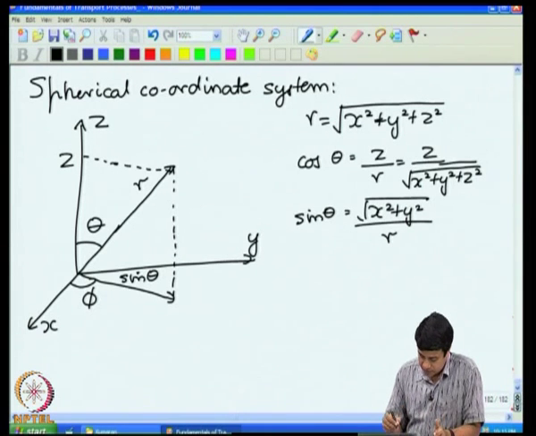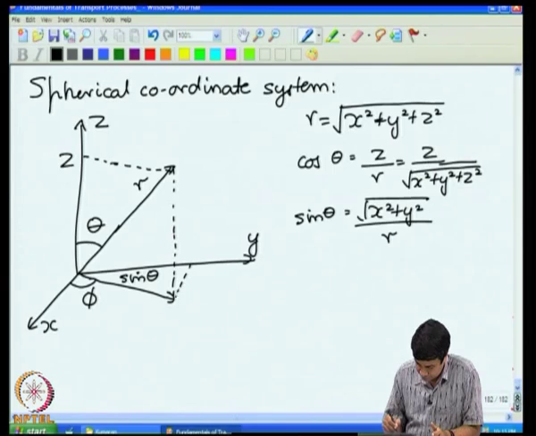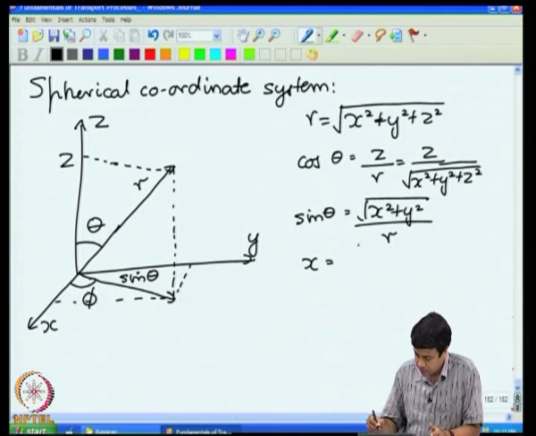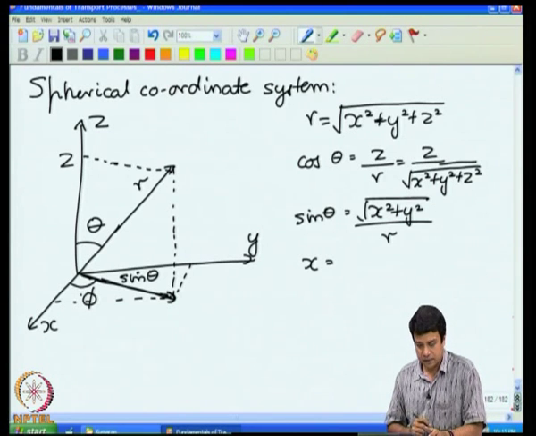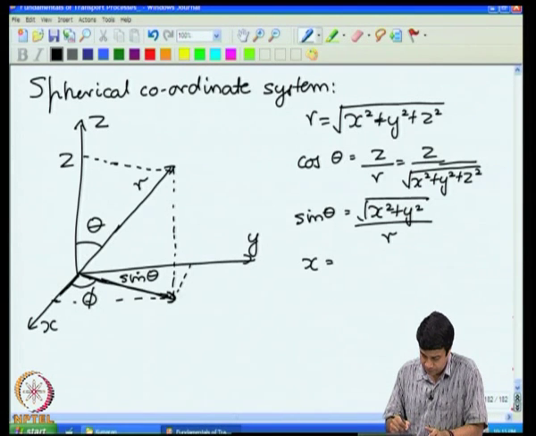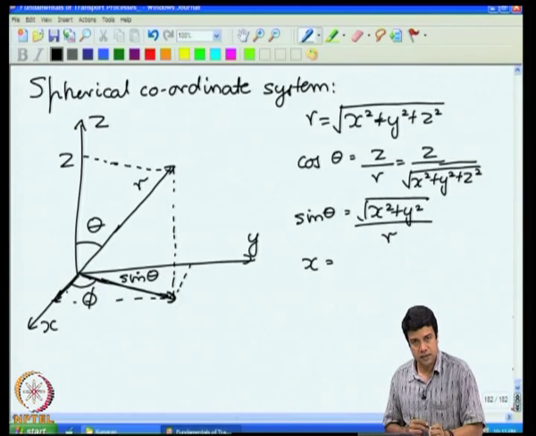The x coordinate has to be equal to this distance times cos phi.